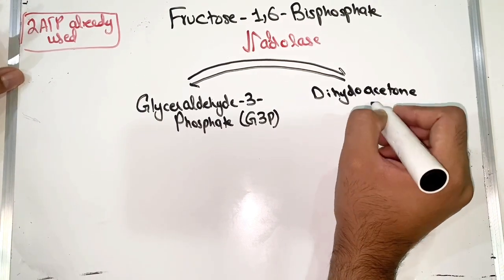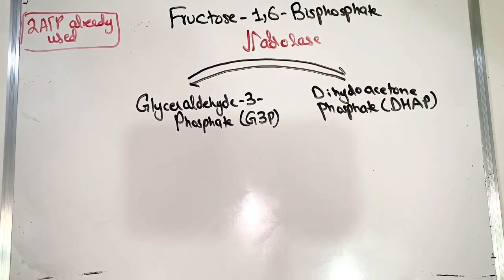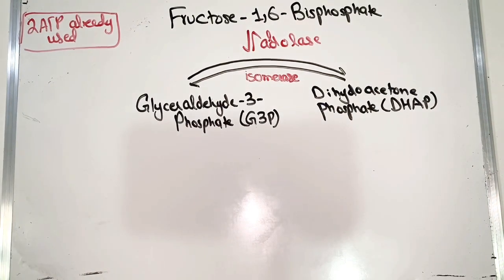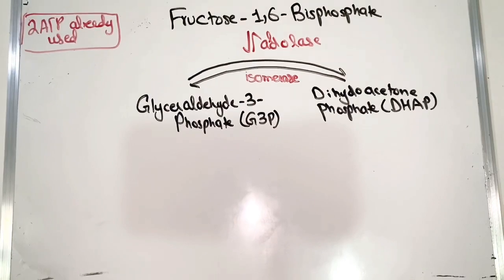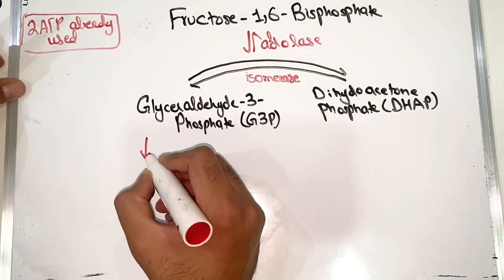Here the twist is that dihydroxyacetone phosphate can also be converted into glyceraldehyde 3-phosphate by an enzyme called isomerase, which will lead to formation of two pyruvate molecules at the end. So now we have two molecules of glyceraldehyde 3-phosphate. Now it's time to get some energy.